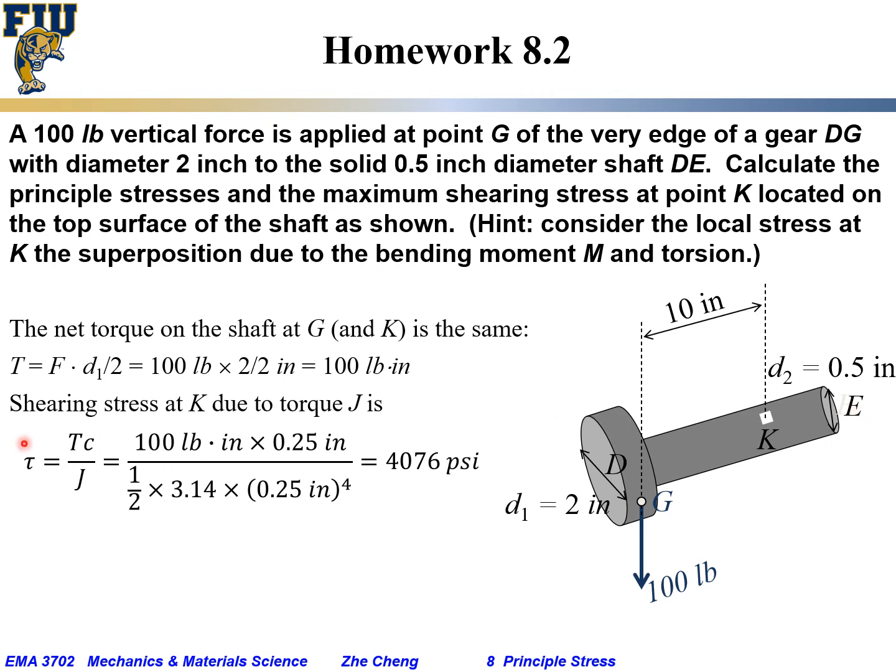T we said is 100 pound-inch, C for the 0.5 inch diameter shaft is 0.25 inch radius, and J for the solid shaft will be half pi, radius to the power of 4, where radius is 0.25 inch. You plug in the numbers and you get 4076 psi. That is the local shearing stress due to the torque alone.